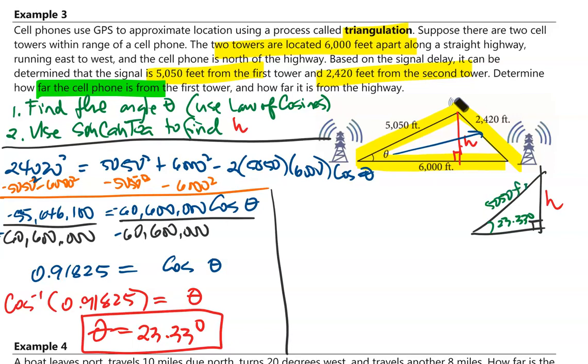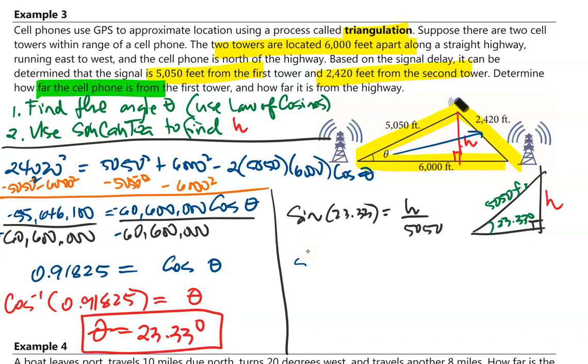So we can use sine of 23.33 is equal to the opposite side, the height, over the hypotenuse, 5050.